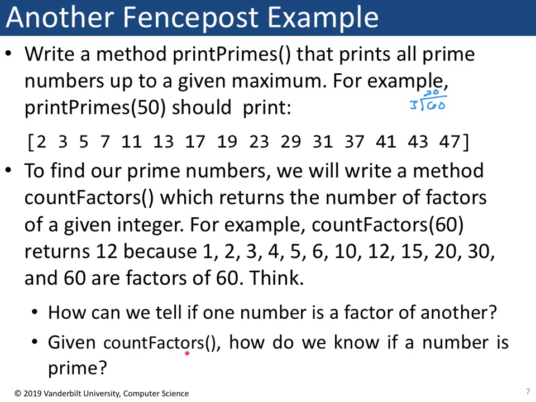What about countFactors? How do we use countFactors to know if a number is prime? What would countFactors return for the number 7? 2. It would return 2 factors because every number has at least 2 factors, 1 and itself. So if we were to test every number from 1 to 7 by saying, okay, 7 mod 1, 7 mod 2, 7 mod 3, 4, 5, 6, 7.